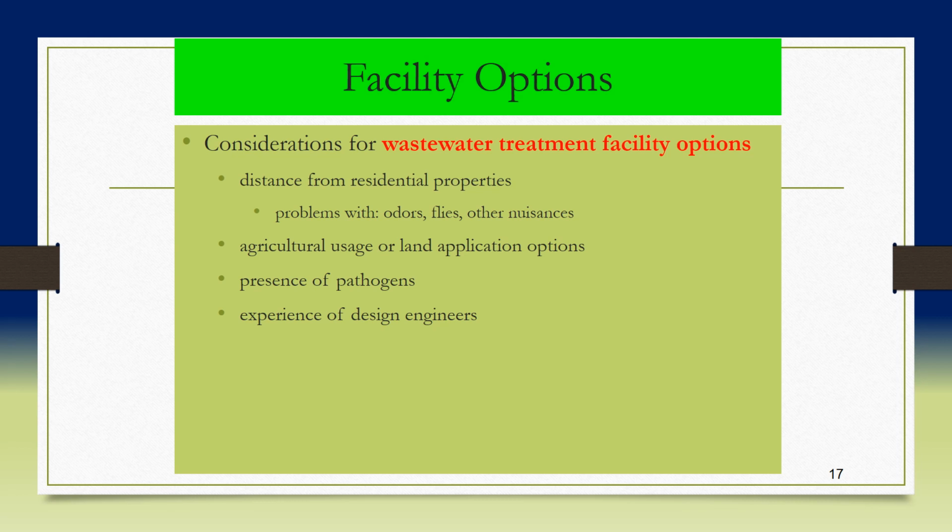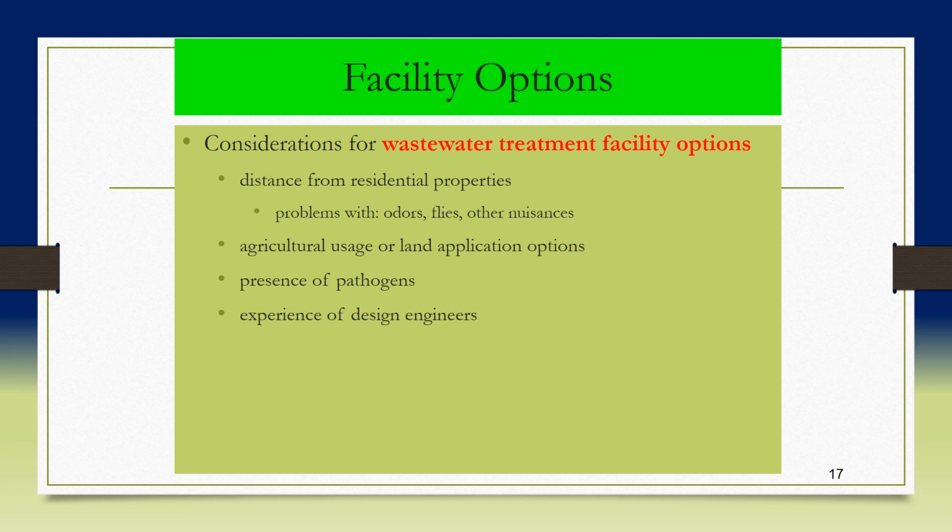So kena consider lah. And then agriculture usage of land application option. Sama ada contoh macam kilang kelapa sawit, mungkin dia tak boleh, dia kena ada, tapi mungkin dia kena reducekan dia punya usage of wastewater punya plant, disebabkan dia pun ada kawasan yang diperlukan untuk menanam kelapa sawit tu.